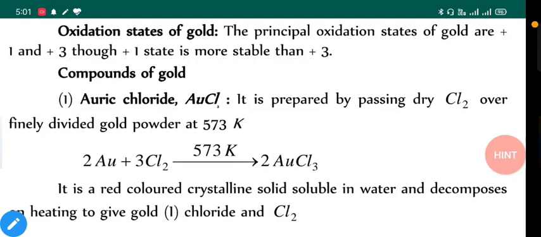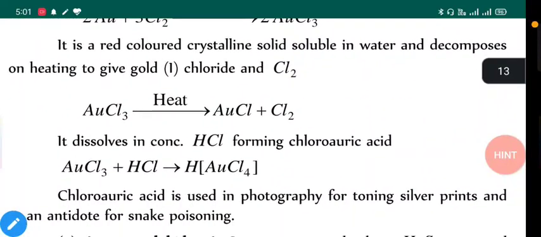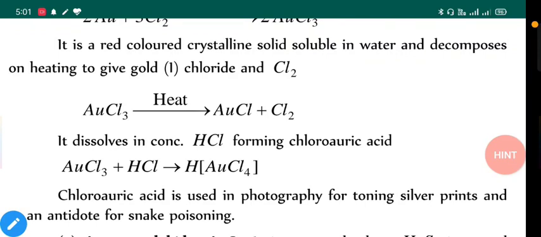So AuCl3 is prepared by passing dry Cl2 over finely divided gold powder at 573 Kelvin, which gives us Au plus Cl2 to AuCl3. It is a red colored crystalline solid soluble in water and decomposes on heating, giving gold 1 chloride and Cl2.